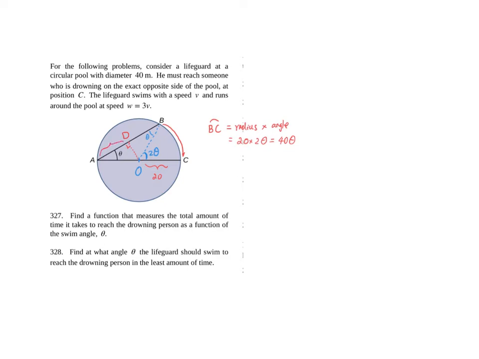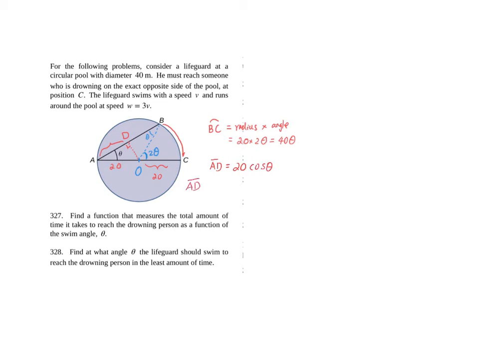Use a little trigonometry, we can find out AD, because we do know the radius is 20. This is angle theta, so therefore AD should be equal to 20, which is AO, times cosine theta, right? If you cannot see that, you can quickly do that.